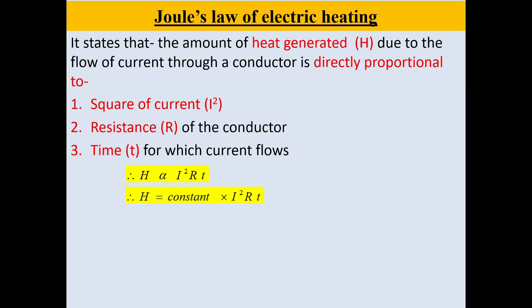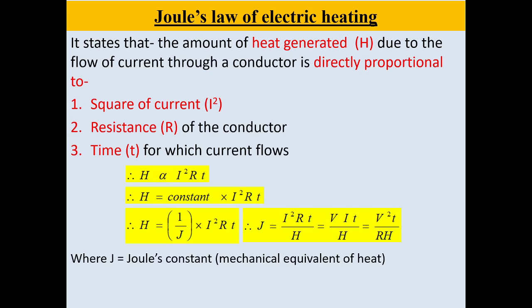We always take a constant here and remove the proportionality symbol, and the constant in this case we write as 1 upon J. The same equation can be written as J is equal to I square RT upon H, or VIT upon H, or V square T upon RH. Here capital J is called Joule's constant, or the mechanical equivalent of heat. Its value is 4200 Joule per kilocalorie, or 4.2 Joule per calorie.